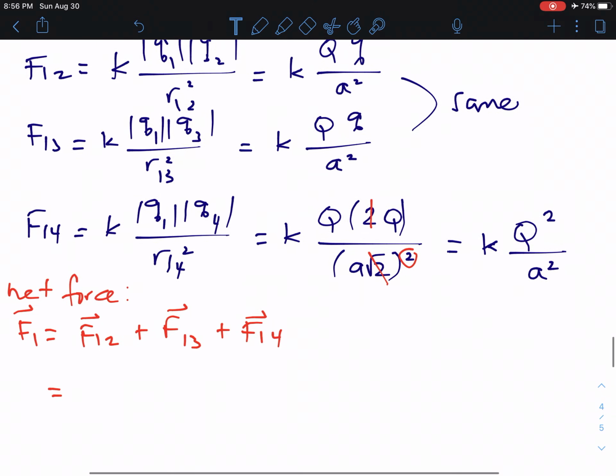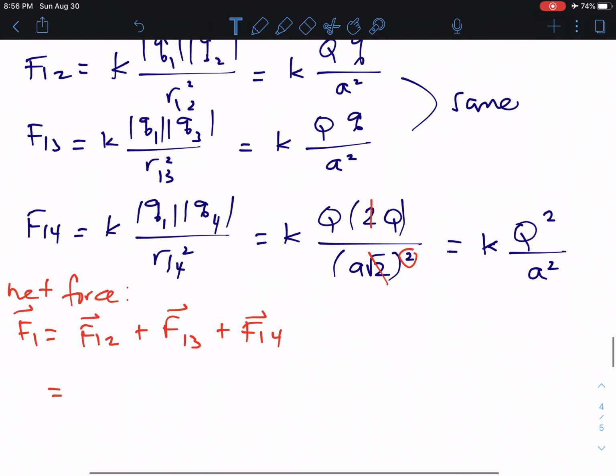F13 is along the j direction and it's positive j, so it's positive K, Q, little q divided by a squared, and that's j hat. And now I'm going to write F14, and it was in the positive x-axis direction, and it is K Q squared over a squared. So I'm really using this equation here, cosine 45 and sine 45.